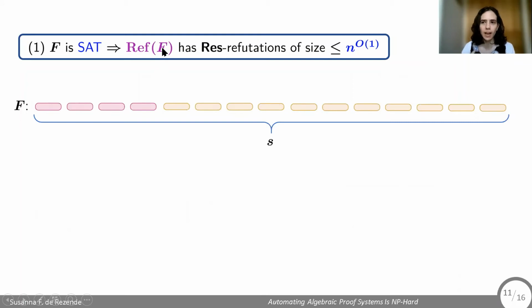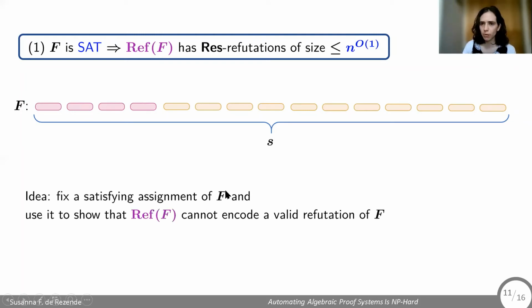So it doesn't even have any resolution refutation, let alone one of polynomial size. So the idea is that resolution is going to somehow reason about this. So it will have some satisfying assignment for this formula in mind and use this to show that ref F cannot encode a valid refutation of F.